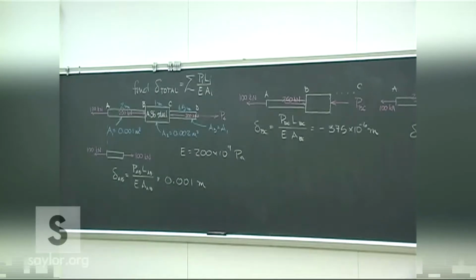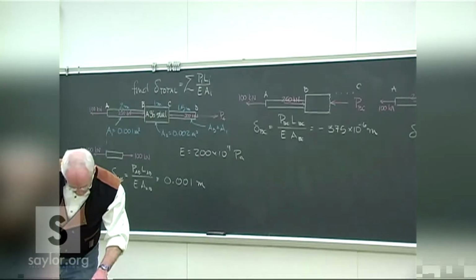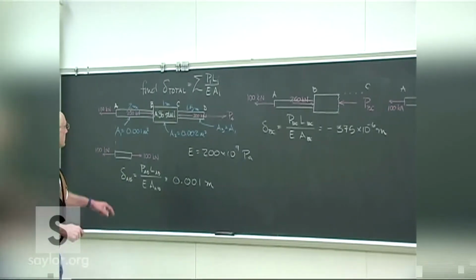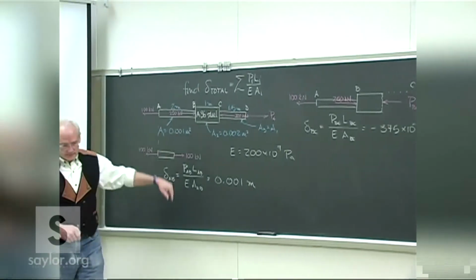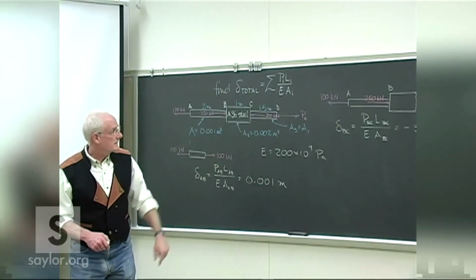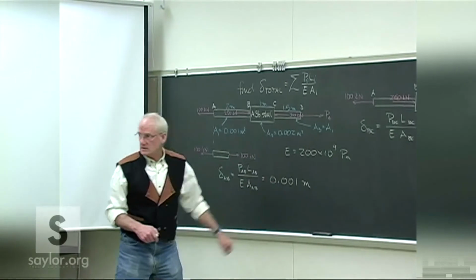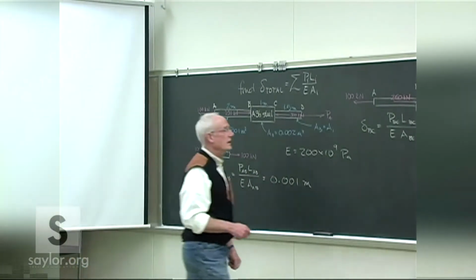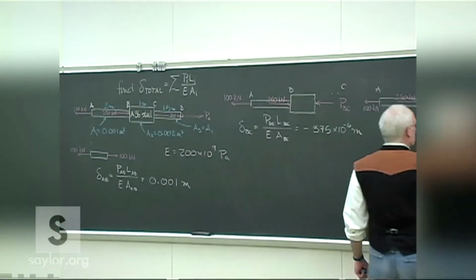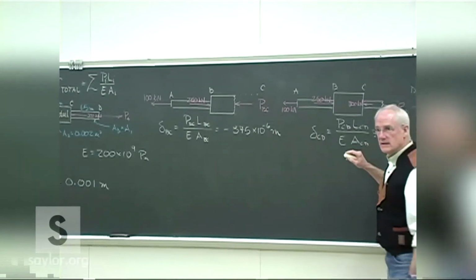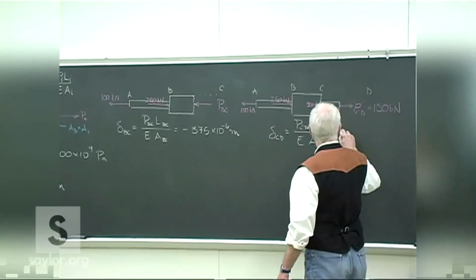$150 times 1.5 over the smaller area, the 0.001, then times the modulus of elasticity. So Travis, you have what? 1.125 millimeters. And that's what you had, David, too? 1.125?